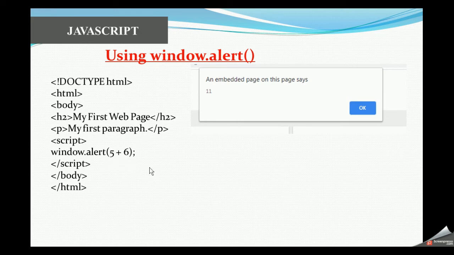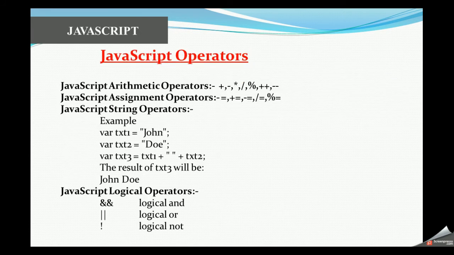And as soon as you click OK, you will get the next output of the HTML document, that is my first web page and my first paragraph. So with the help of window.alert, you can get a pop-up window that shows you the output.